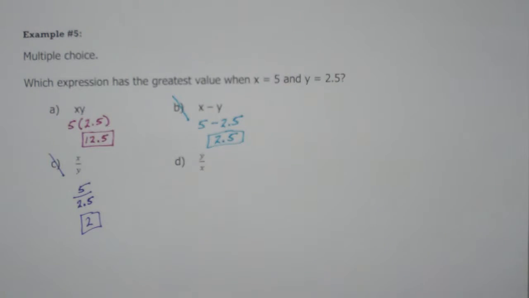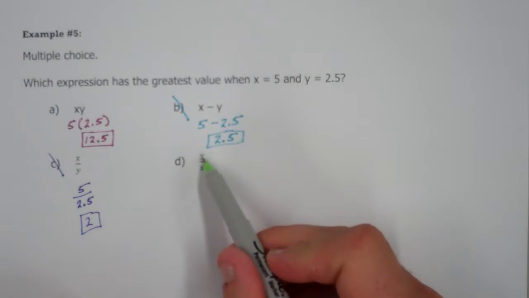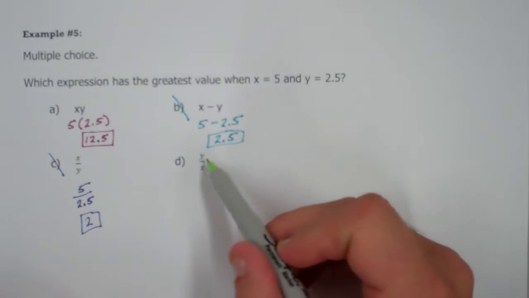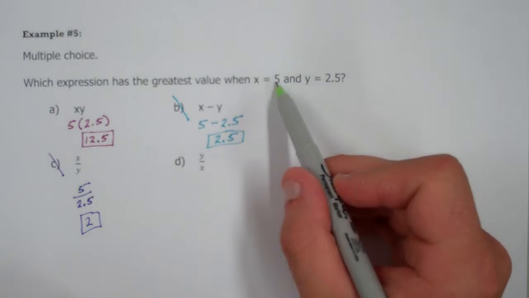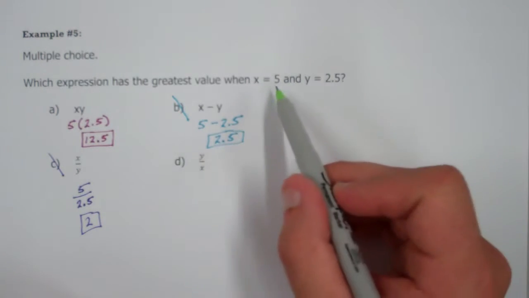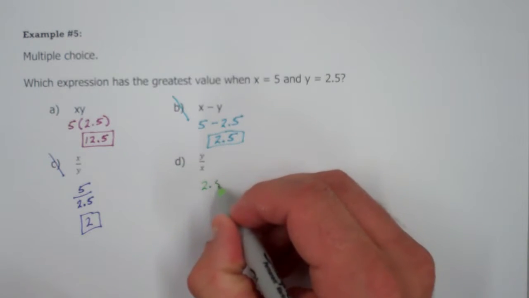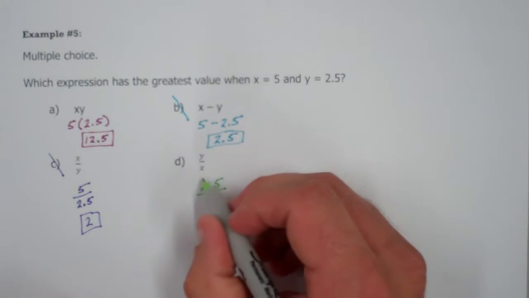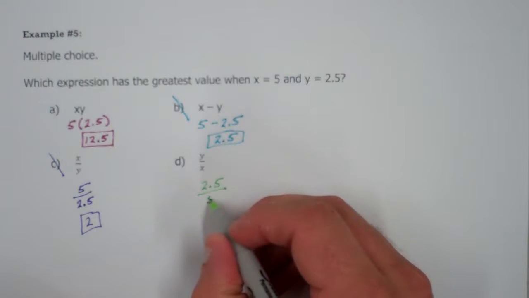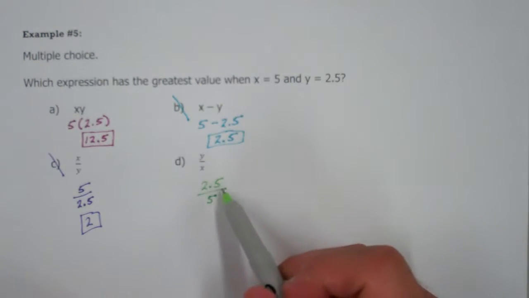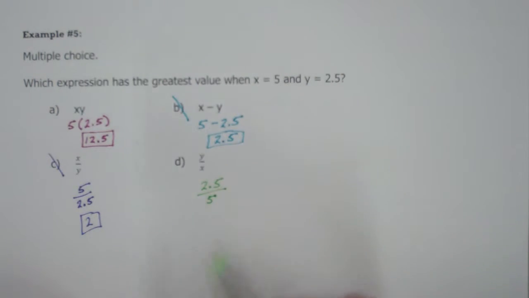Let's do y over x now, and in this spot we've got a y here in the numerator, and we need to use 2.5. Don't get tripped up and try to use the first value here for y, because y is not 5, y is 2.5. So we've got 2.5 here, divided by x, which is 5. 2.5 divided by 5.